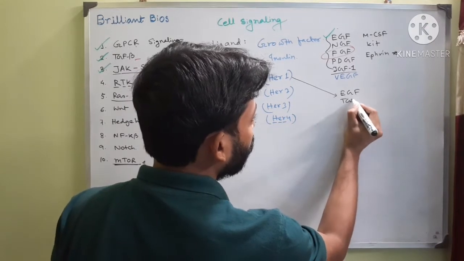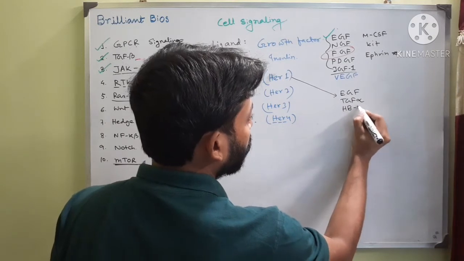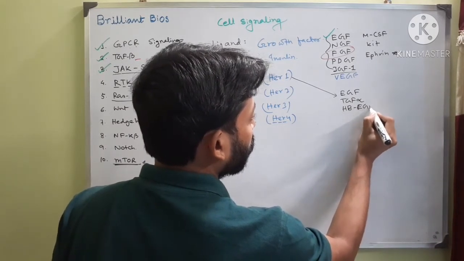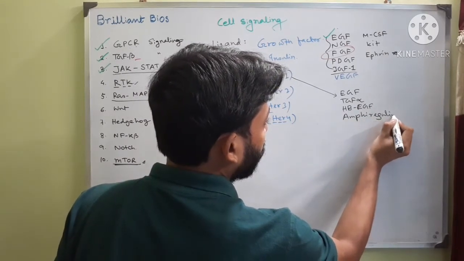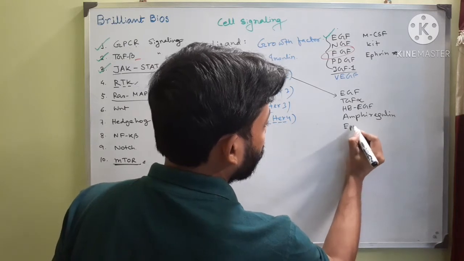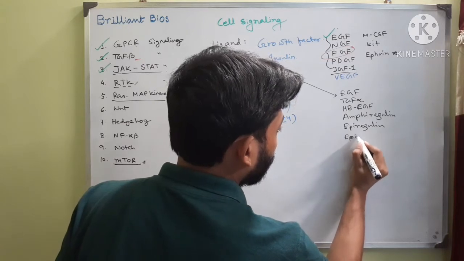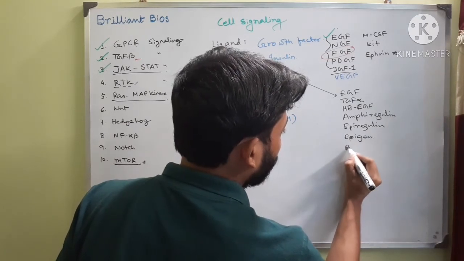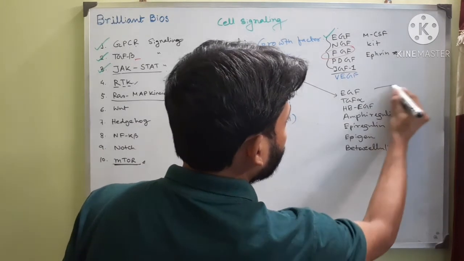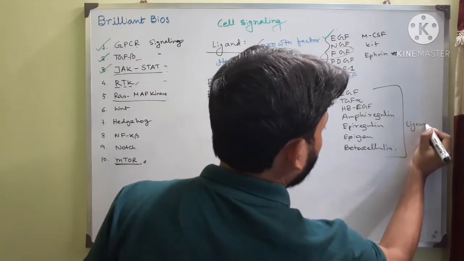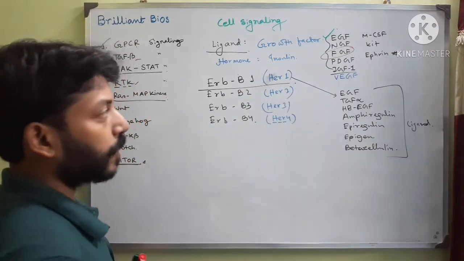Then it can bind with TGF alpha, transforming growth factor alpha, heparin binding EGF, amphiregulin, epiregulin, epigen and betacellulin. So these are the ligands for the HER1 receptor.